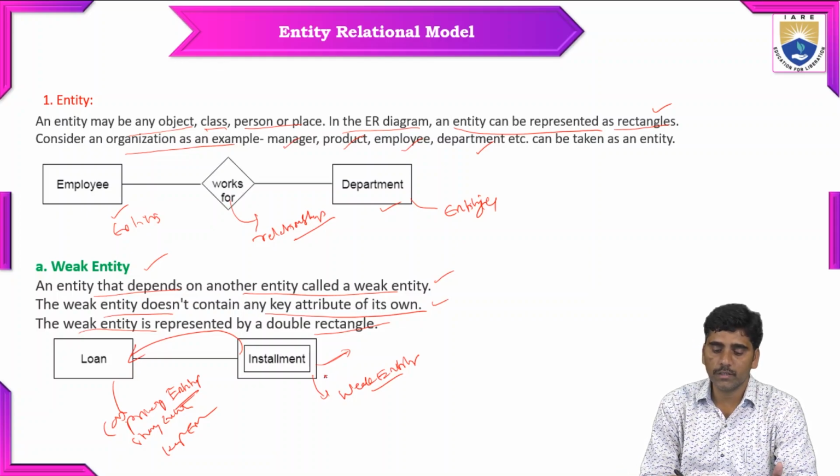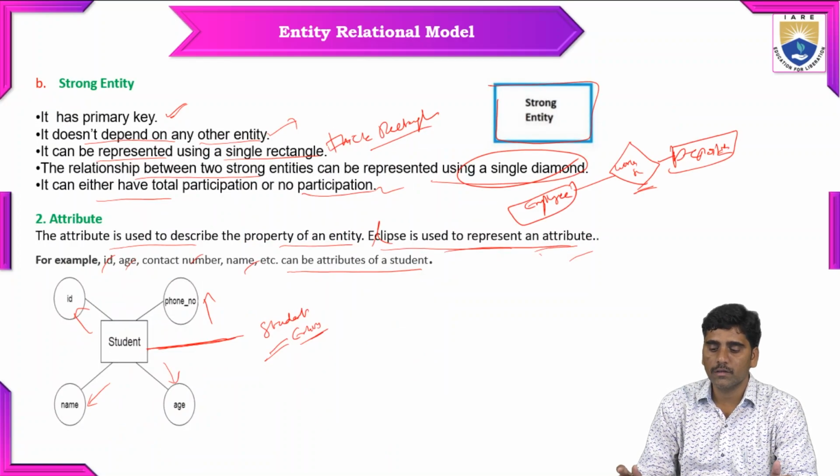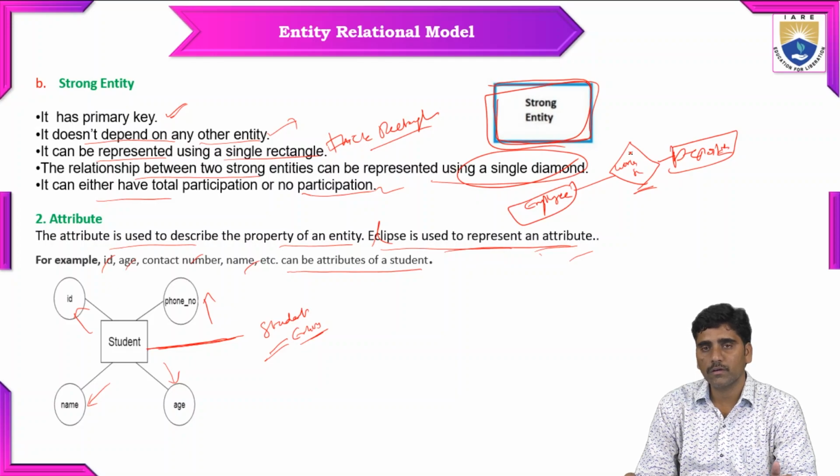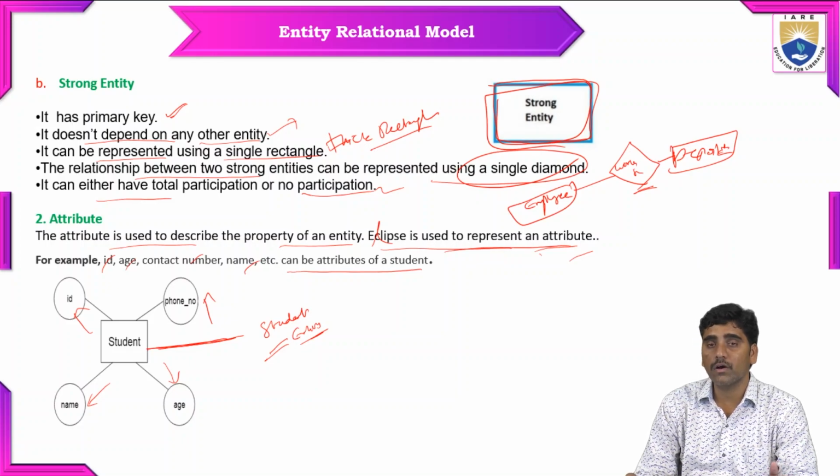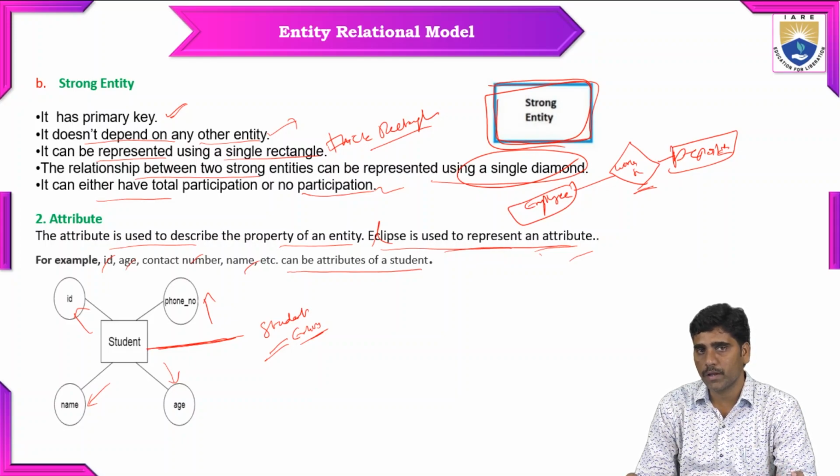The weak entity is represented with a double rectangle symbol, but the strong entity is represented with a thick rectangle. And one more thing we are going to see here, the strong entity always has a primary key, which is not depending on other entities.